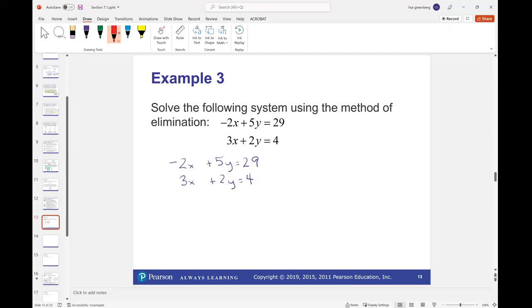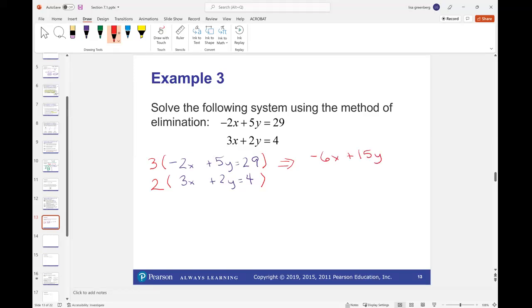So if I multiply everything here by 3 and everything here by 2, because that would be 6. And notice one's negative and one's positive, which I really like because when I add them, that's going to be 0, right? So what's going to happen here is I get -6x plus 15y.